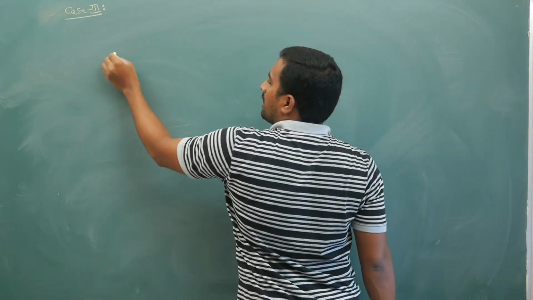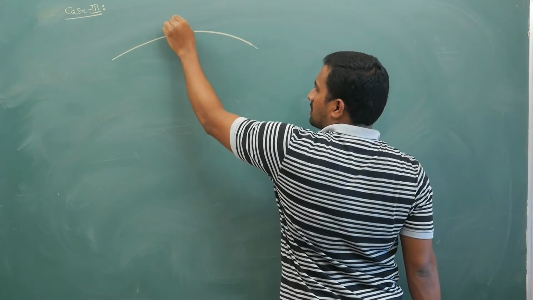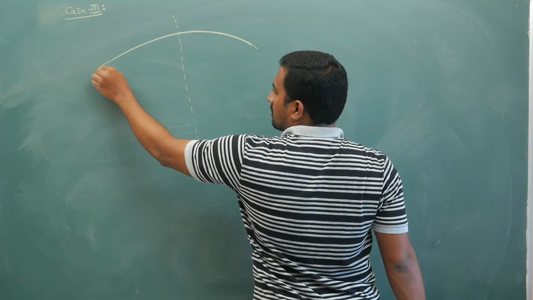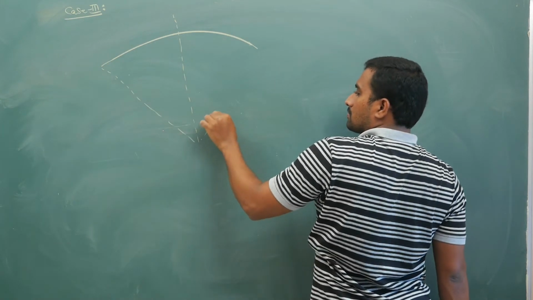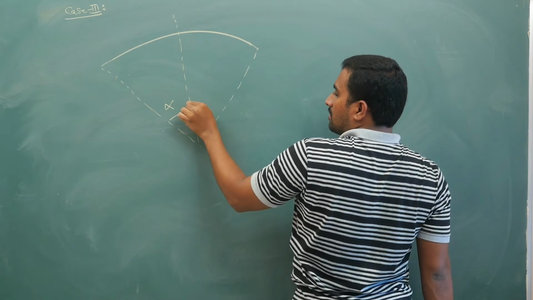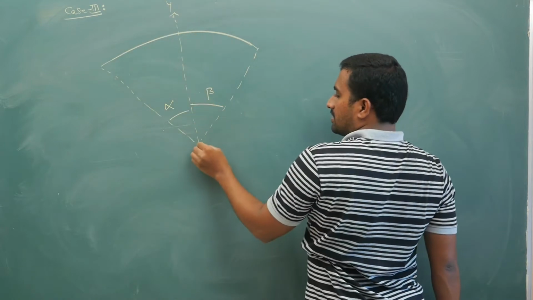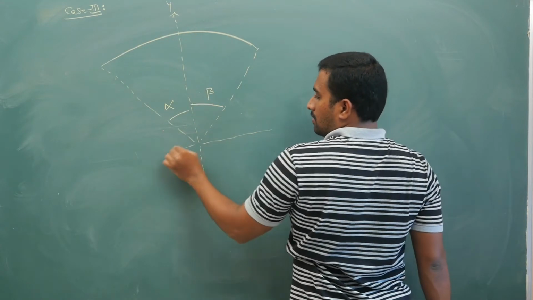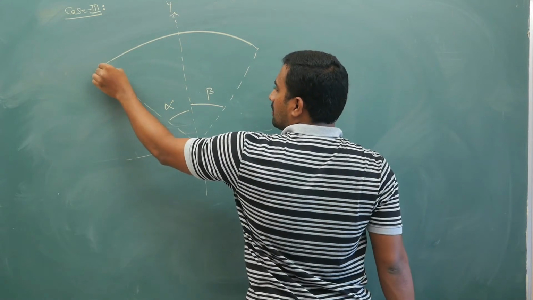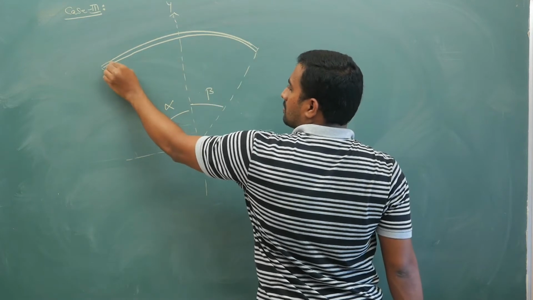Your field and potential because of an arc of charge like this. So this is your arc of charge. This side the angle is alpha, this side the angle is beta, this is your y-axis, this is your O, at the center you are calculating, and this is your charged configuration.